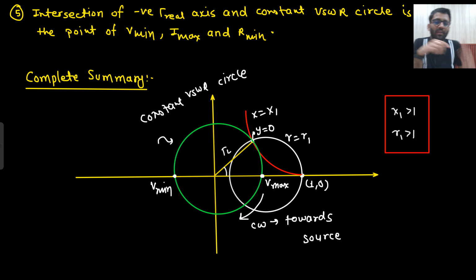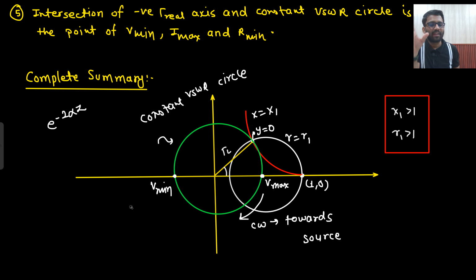But constant VSWR circle means you are working on the transmission line. Now if the transmission line is lossy, then impedance values will change, then your gamma value will change. So you will not get a constant VSWR circle there, because if gamma value is changing, the e to the power minus 2 alpha z factor will also come.